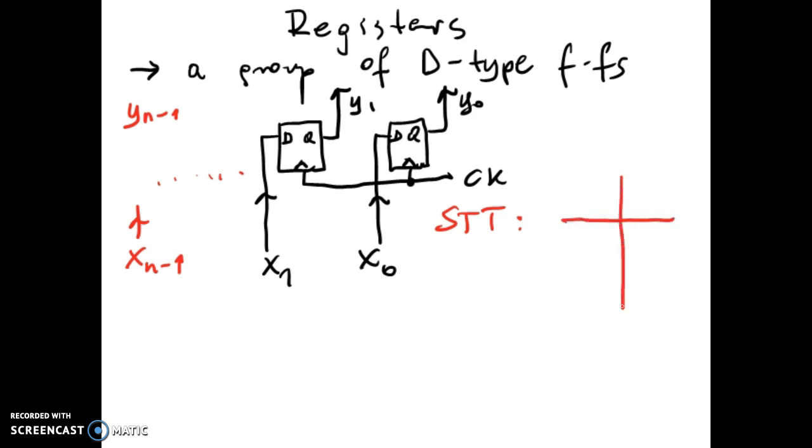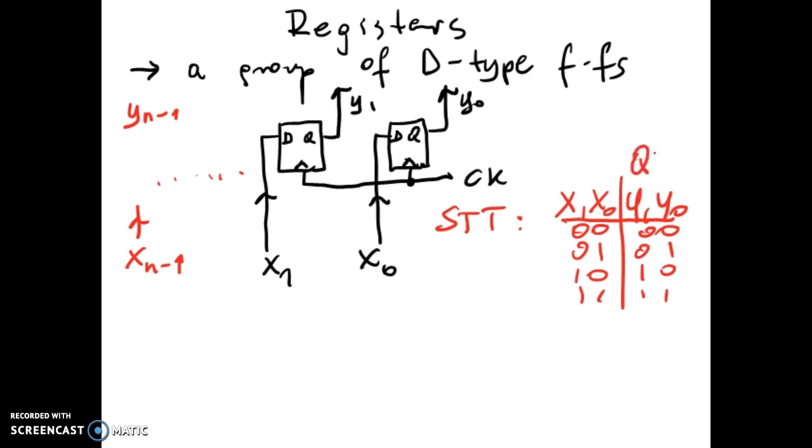Well, the simplest is very straightforward in terms of ones and zeros. If you'd like to put q's above, you can put q of t and q of t plus 1, the same, q0. And these are q of t plus 1 after the clock. If you put 0, 0 and you clock the system, you get 0, 0.